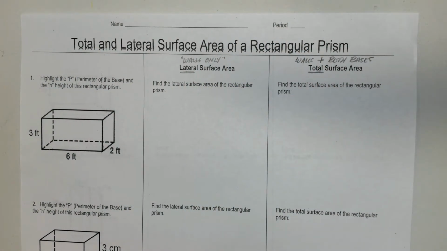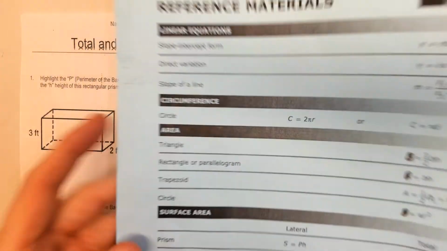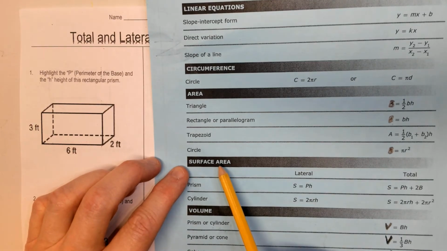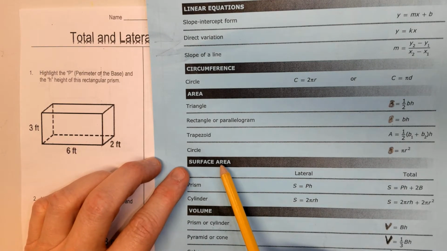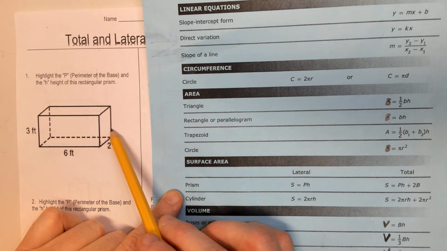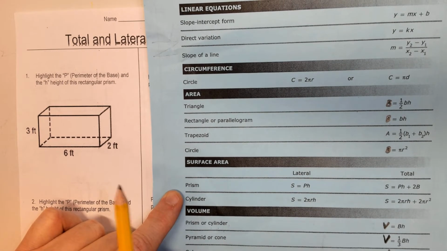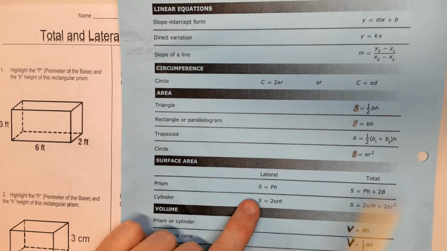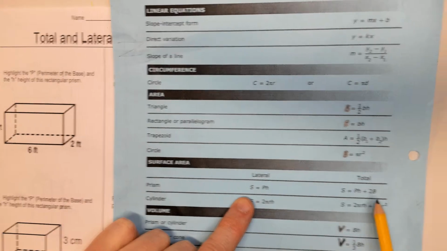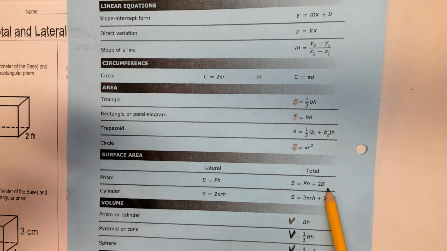Now, when you go to find lateral surface area, you're going to go to a formula chart, go to surface area first, and go down to what you're working with. In this case, this is a prism. Both rectangular and triangular prisms have the same formulas. There's two types of formulas: one for lateral, walls only, and total, which includes both bases.